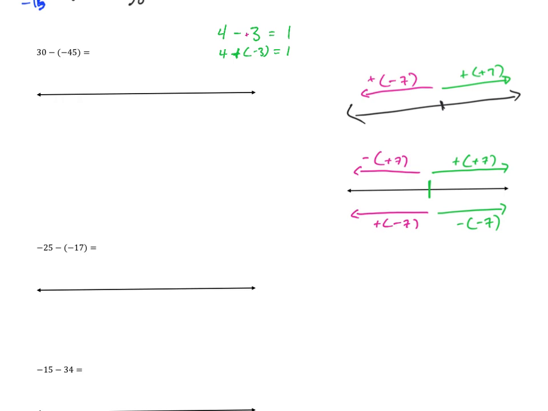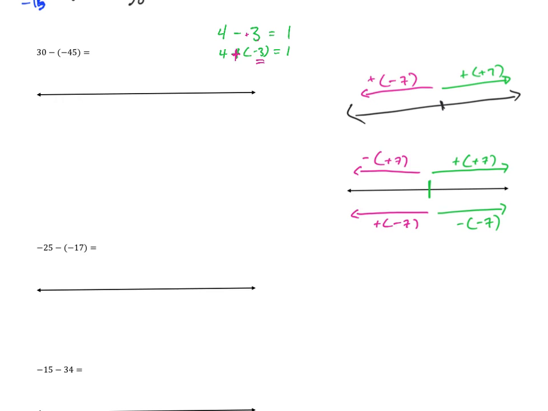The inverse of positive 3 is negative 3. We used the inverse operation, and the inverse operation of subtraction is addition, and then we used the additive inverse of the number we were subtracting. So we would have 4 plus negative 3.